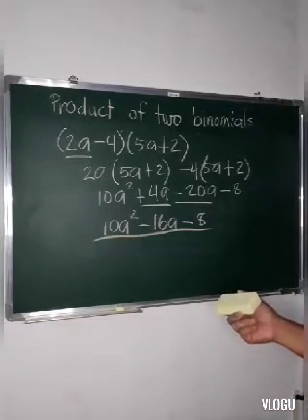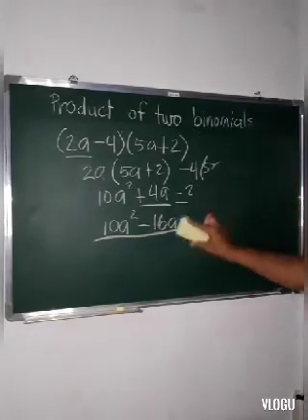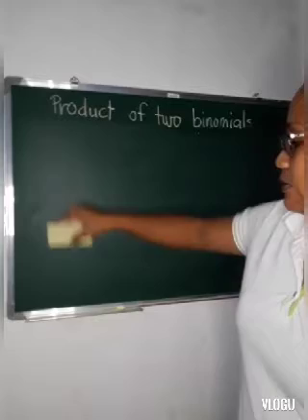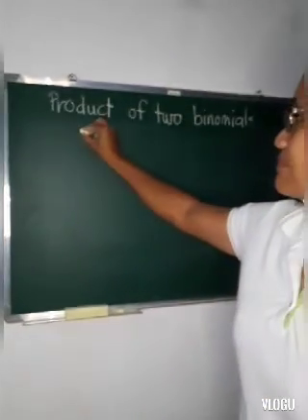Now we will discuss square of the binomial. When you say square of the binomial, we have a binomial, you're going to multiply by itself.